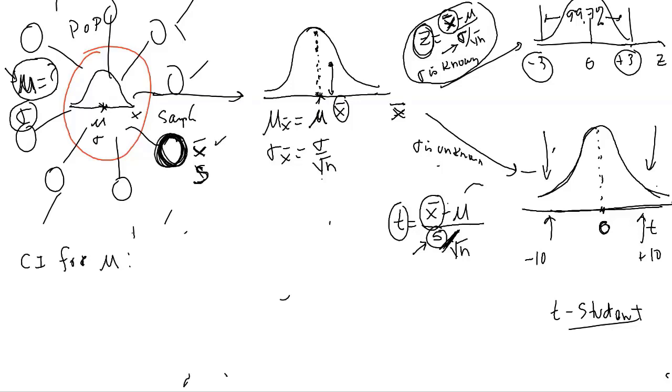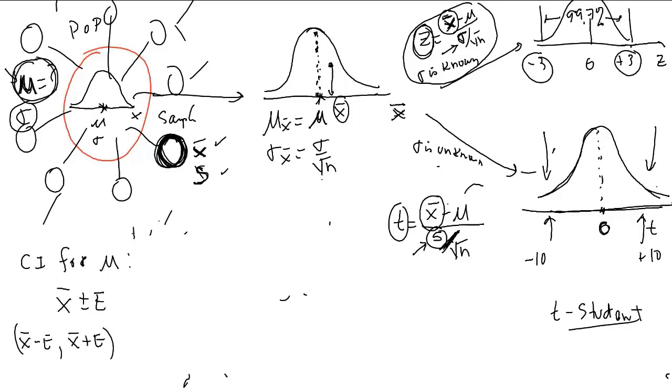Then I will compute this value plus or minus the error. It means that this value is close to the true parameter. Then the confidence interval will be x bar minus the error and x bar plus the error. I expect to catch the true parameter with this confidence interval. But my problem is the error. What is the formula for the error?